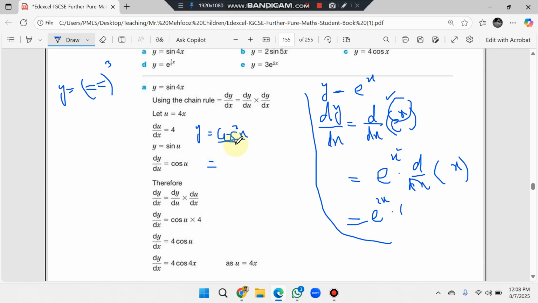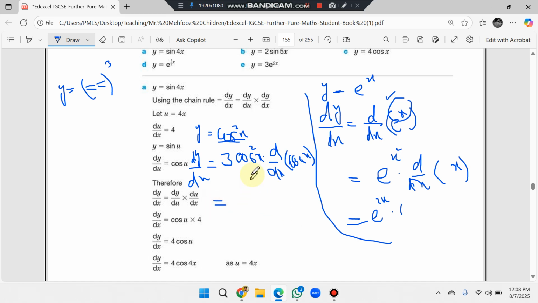So first of all we take the derivative: dy by dx equals 3, the power goes at the start, cos square x, and then multiplied with the derivative of the variable used. Which variable? That is cos x.